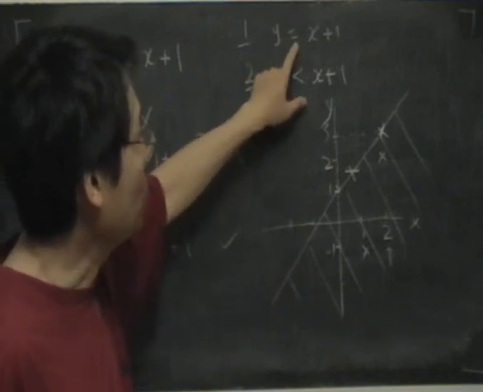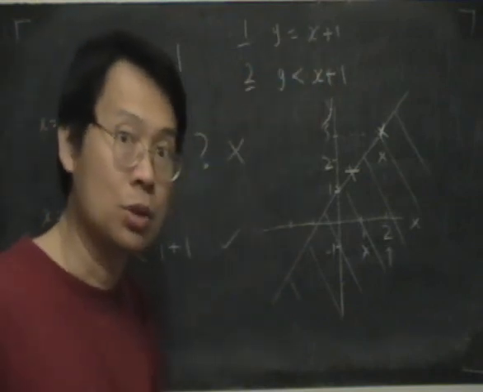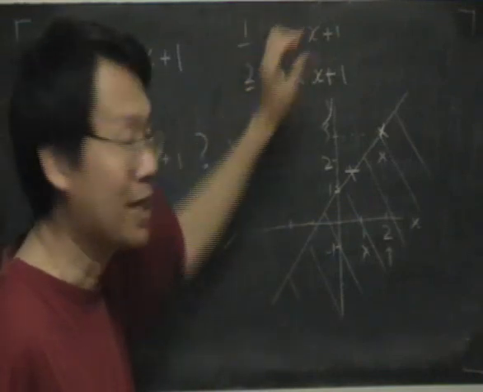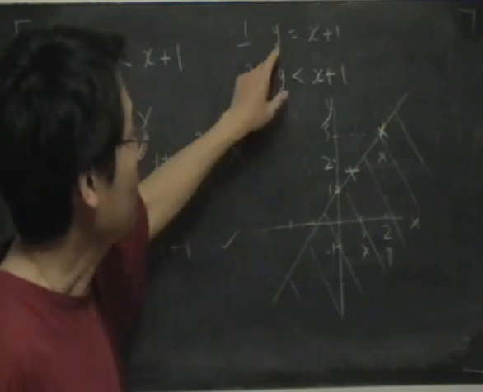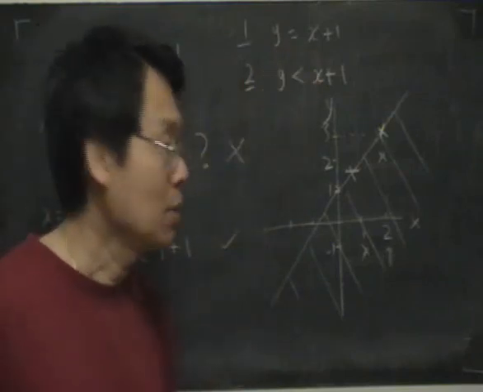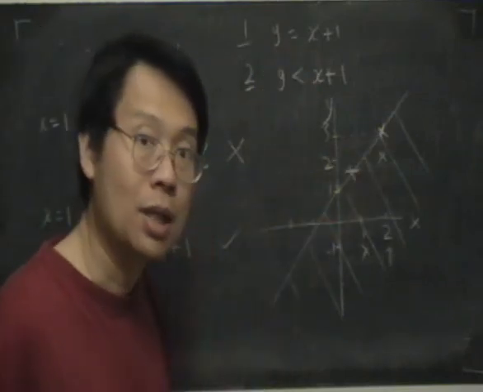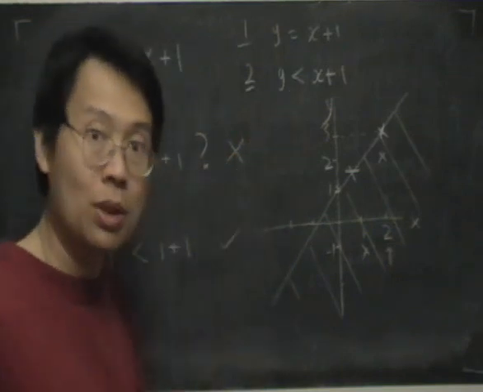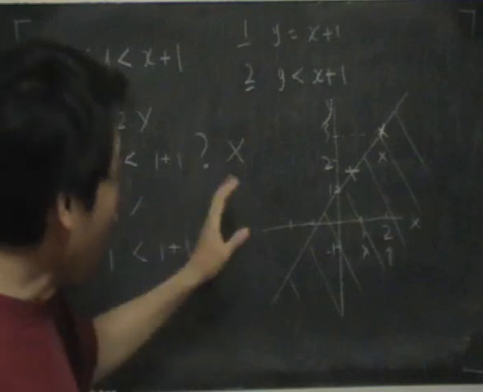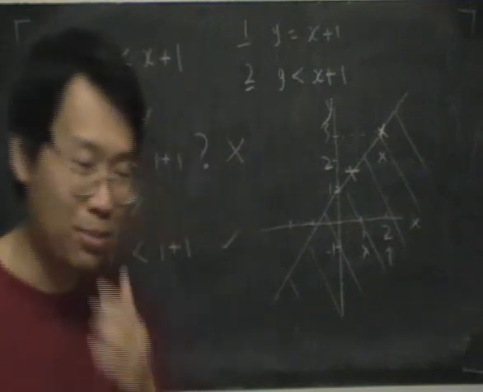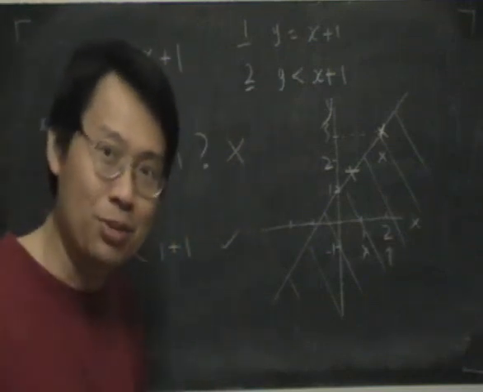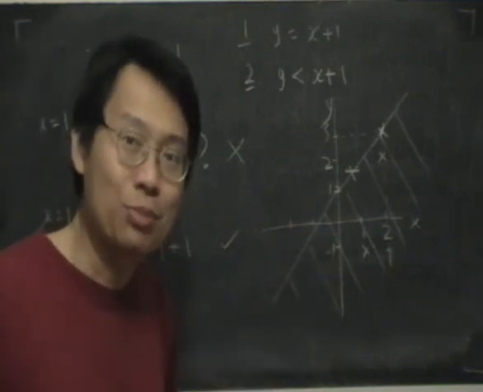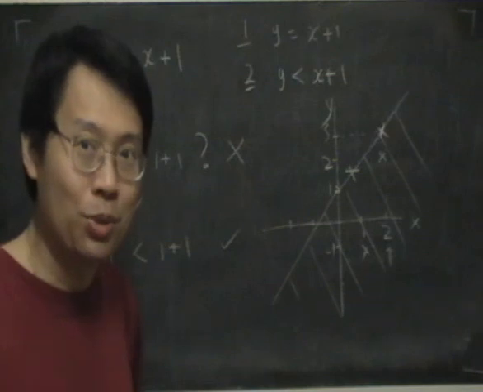We have seen that y equal to x plus 1 means a point on the line. So if y cannot be equal to x plus 1, it means that the point cannot be on the line.